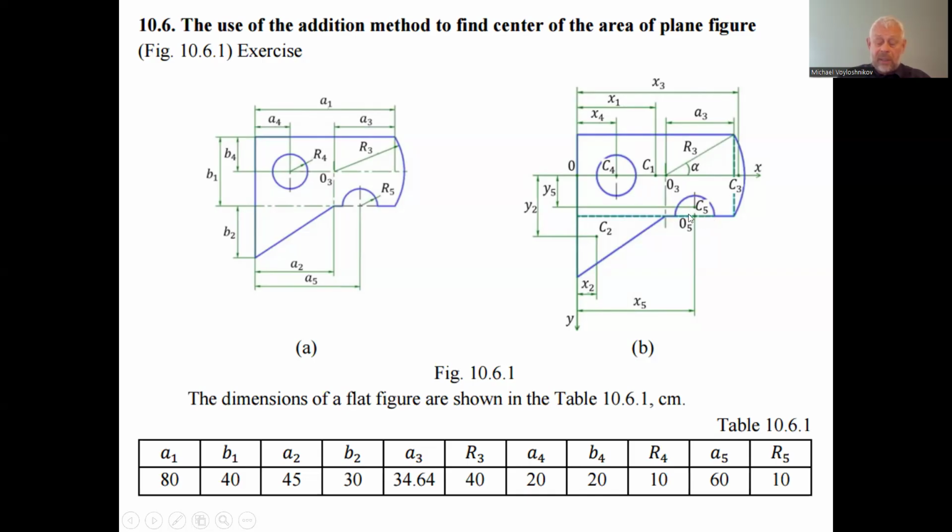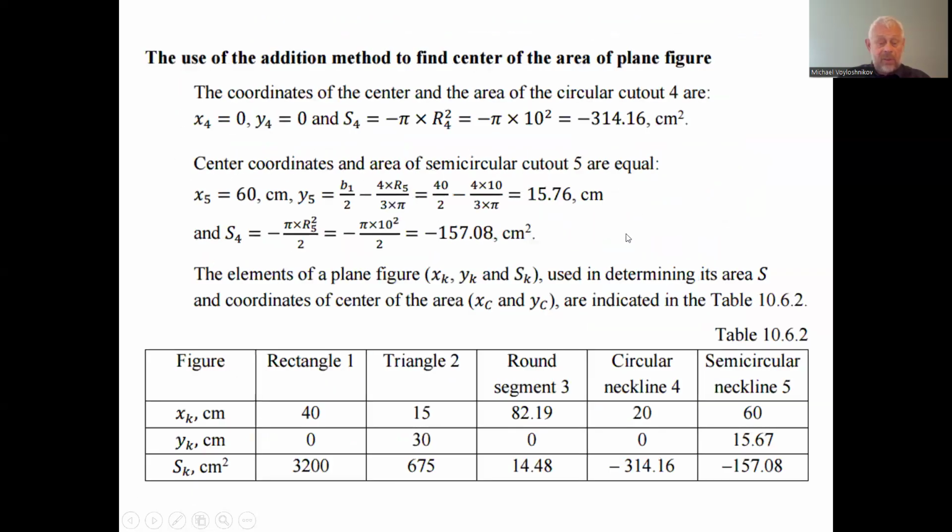Okay, but we can use the formula from the directory, and y5 equals b1 divided by 2. b1 is the half width of this big rectangle.